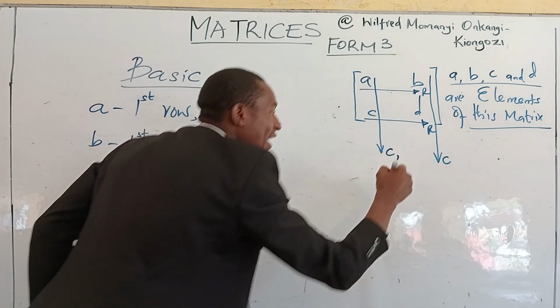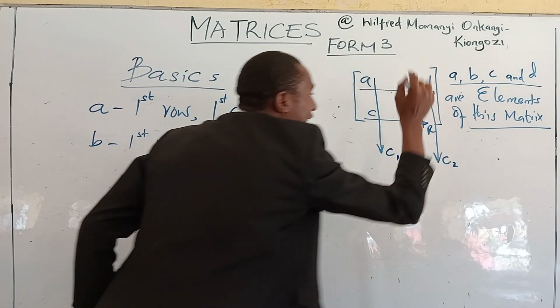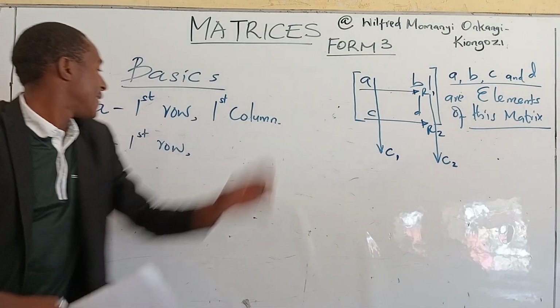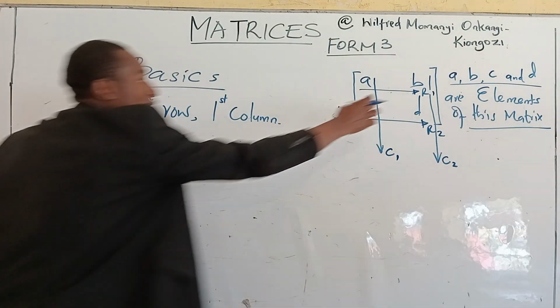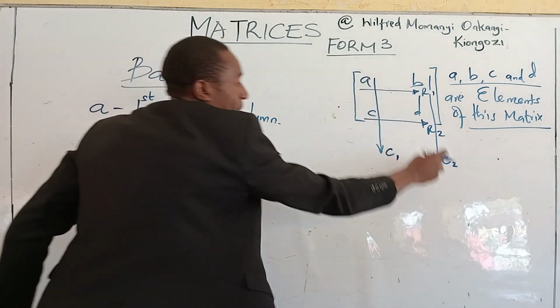Let us call this one column 1 and this one column 2, then this one row 1 and this one row 2.